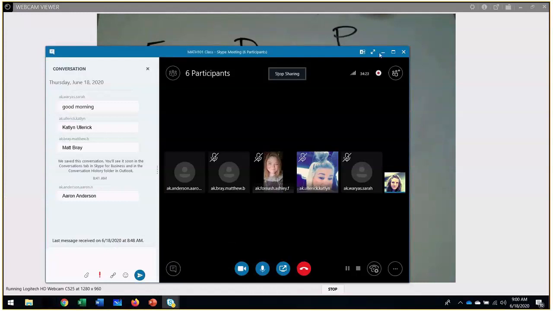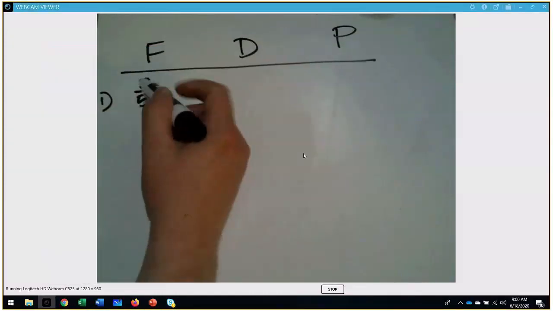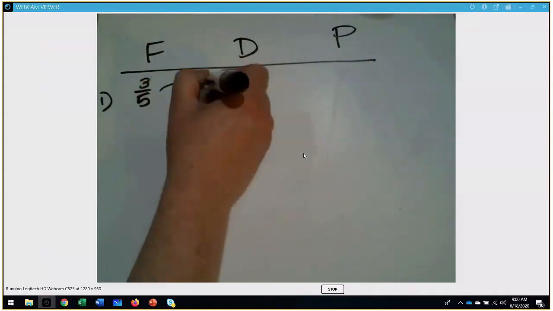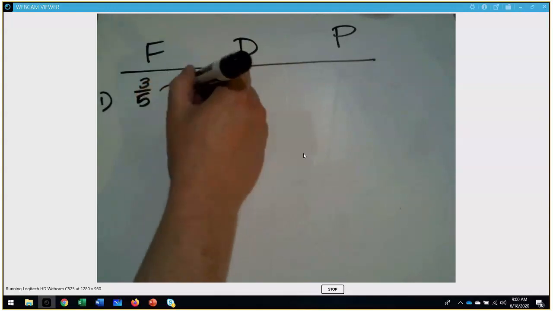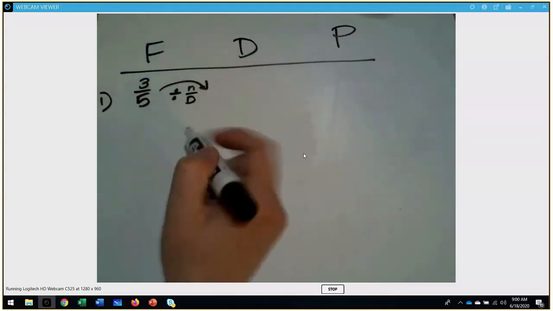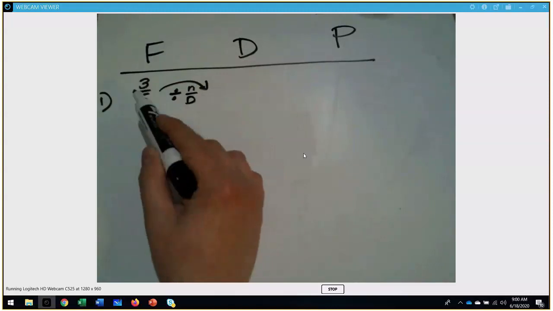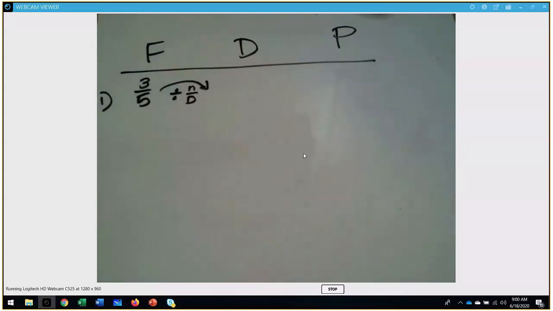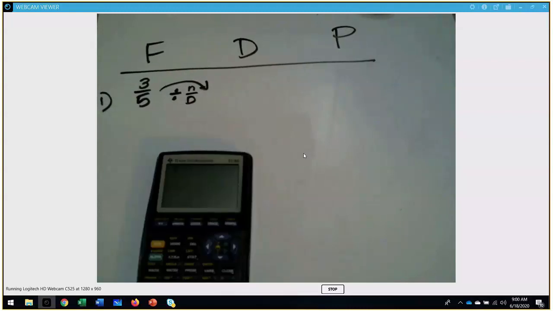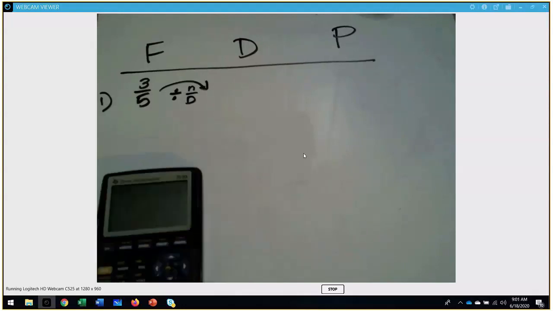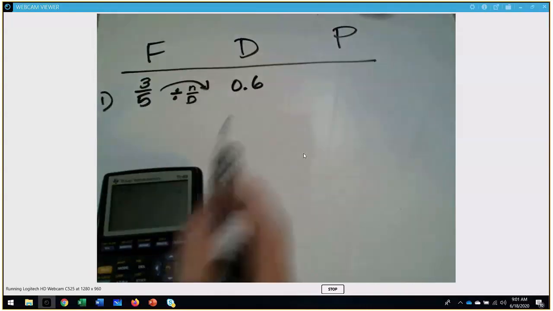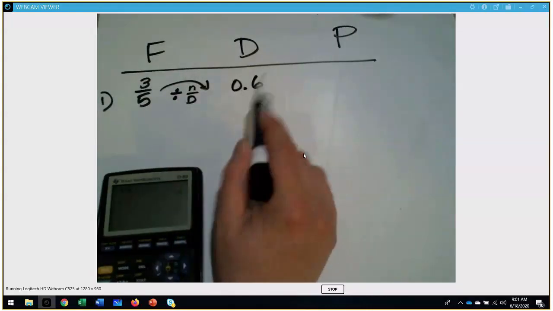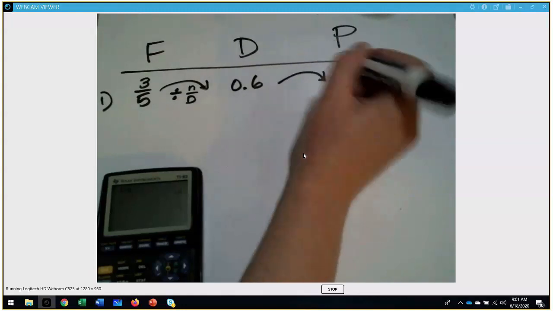Okay. So to go from fraction to decimal, you're going to divide numerator by denominator. So I'm going to divide 3 divided by 5. We already talked about that. It's 0.6. Now to go from decimal to percent form, you multiply.